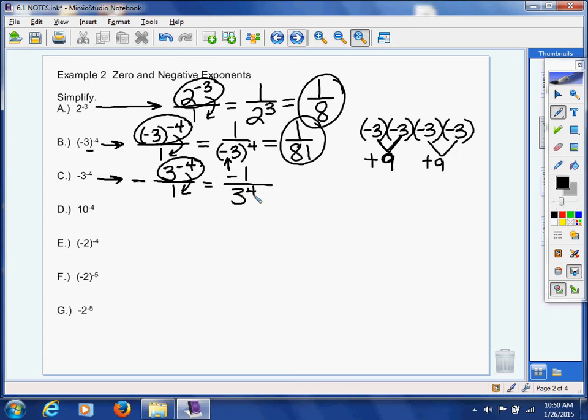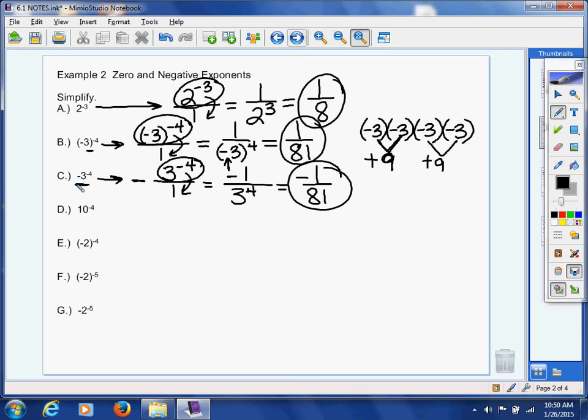You can make that negative sign stay in no man's land, or bump it up to the top in the numerator if you so desire. So it's going to end up being -1/81, because 3 to the 4th power is 3 times 3 times 3 times 3, which is 81, just like above with the negatives. Except our answer is -1/81, all because there's no parentheses around that -3. That's the only difference that was made there.